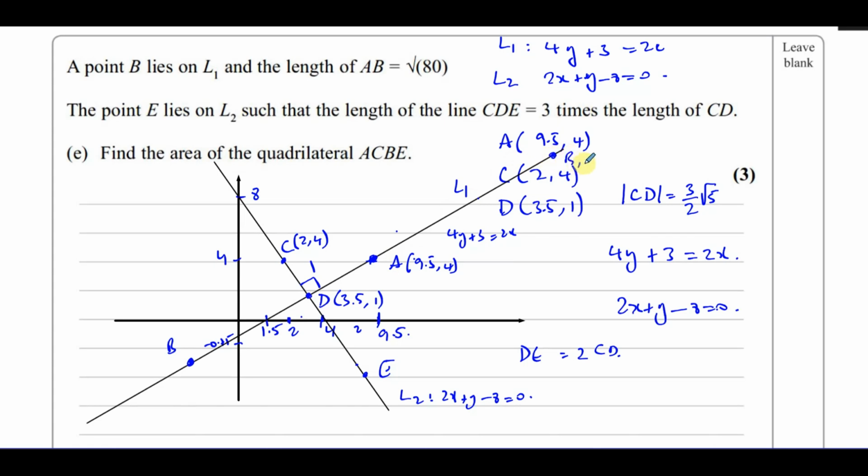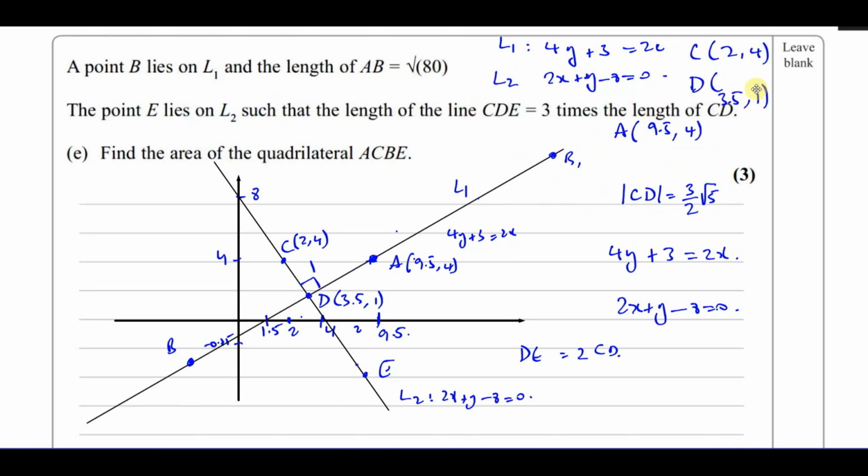That could also be a possible place for B. Let me just move some of these things along, just put these up here somewhere out of the way. So it's possible that B could be in either of these two places, and the length between A and B is root 80, so either that way or that way.